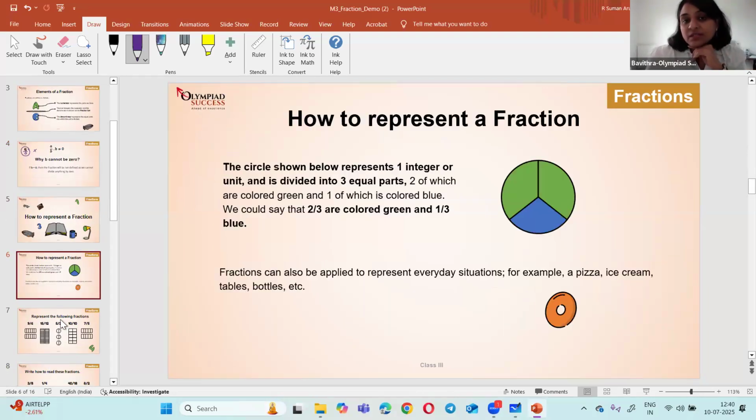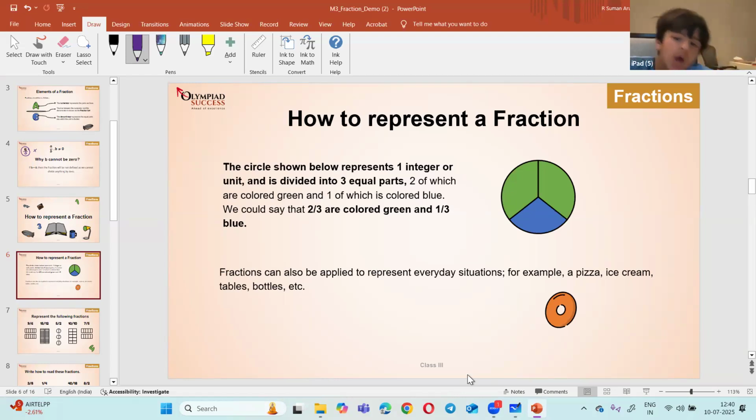So these are all the basic features of a fraction, and we have this design or a pattern. A circle divided into 3 equal parts. How many parts are shaded green here, Jaiveer? 2.